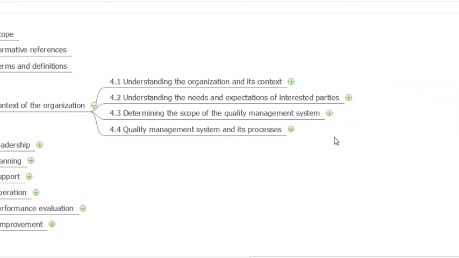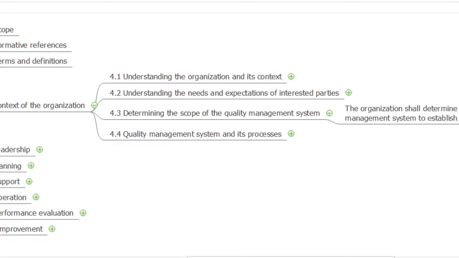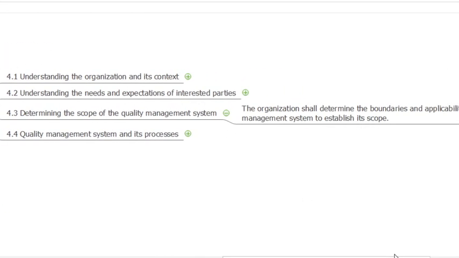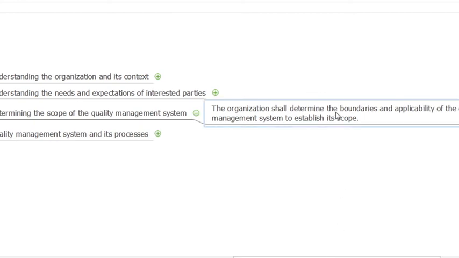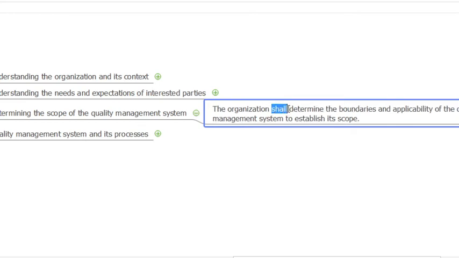Now clause number 4.3, determining the scope of the quality management system. It says the organization shall determine the boundaries and applicability of the quality management system to establish its scope. Here again, "shall".